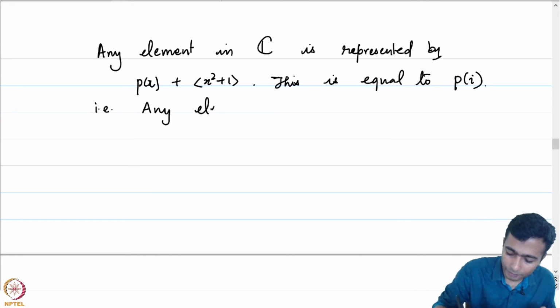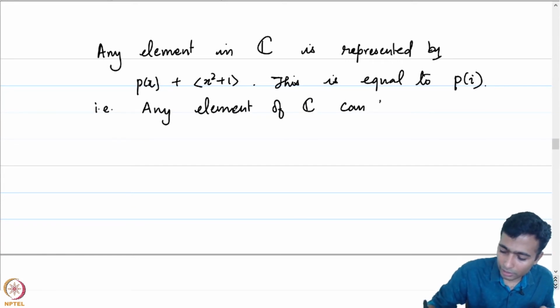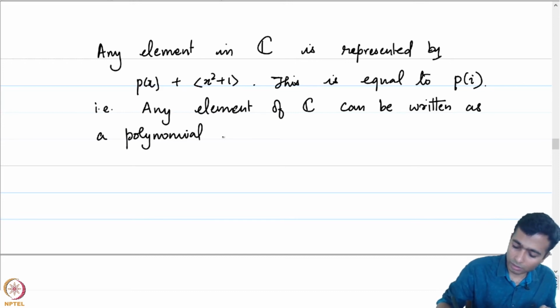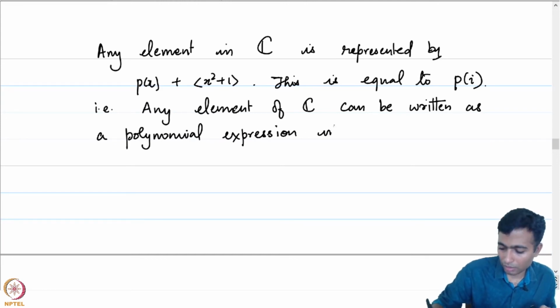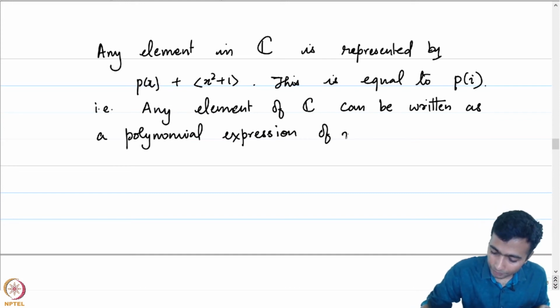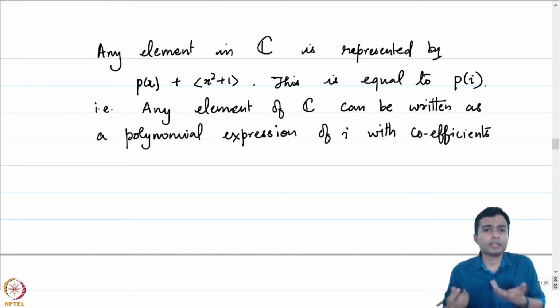Any element of C can be written as a polynomial expression of I with coefficients in R. But what can we say about any field of C which contains R and I?